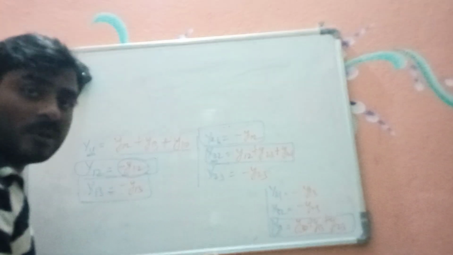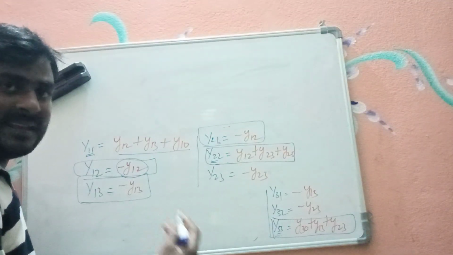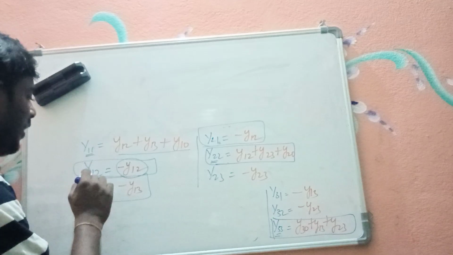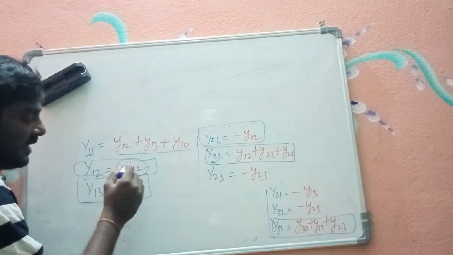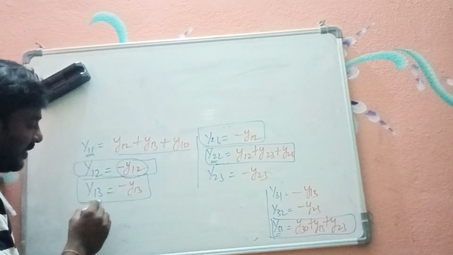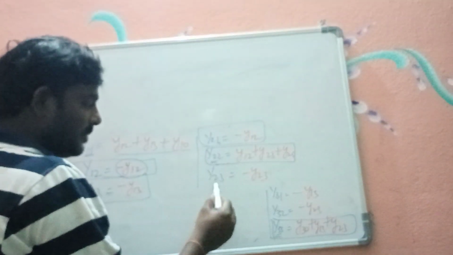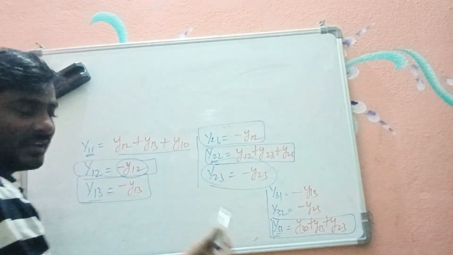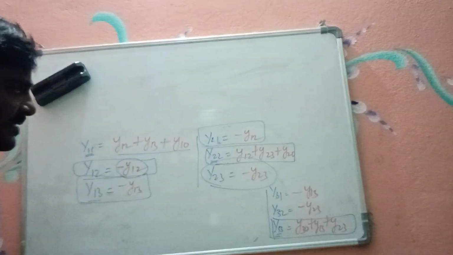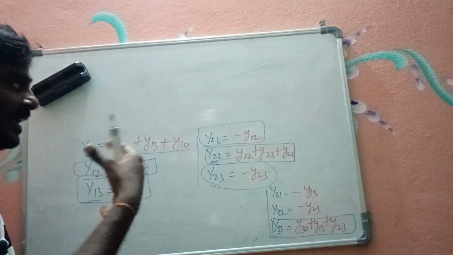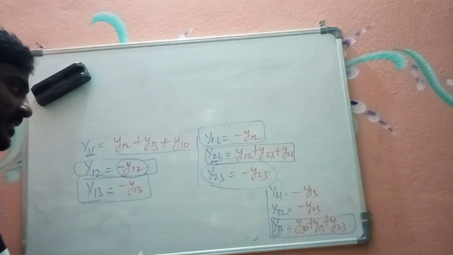If you know the actual admittance that is connected in between the two buses, and if I want to find that off diagonal element, just keep the negative sign. So Y13 is minus y13, Y21 is minus y21, similarly Y23 is minus y23, like that. For off diagonal elements, you just keep a negative sign for the given admittances.